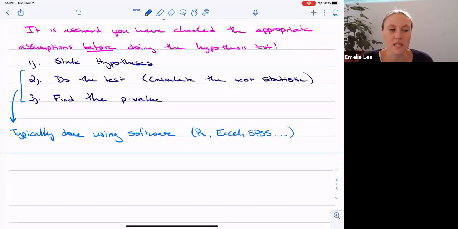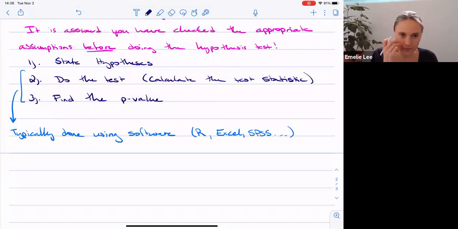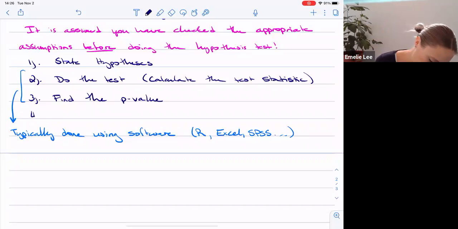So there's lots of different tools, but we're going to use R because it's free and awesome. So find the p-value. Okay, so doing the test and finding the p-value is usually just one step using software. But then, of course, we have to state our conclusion.